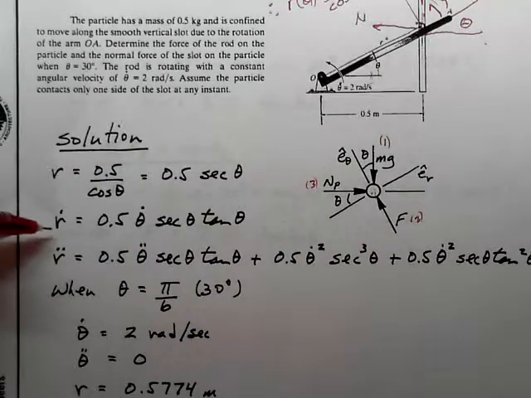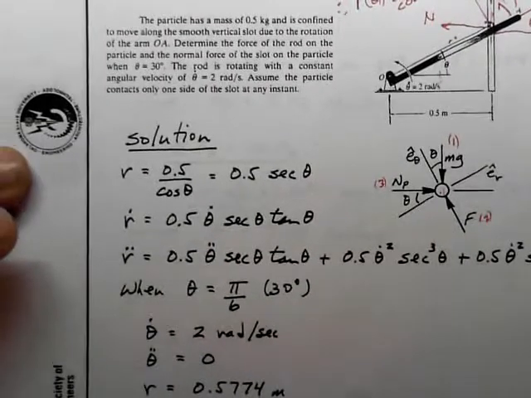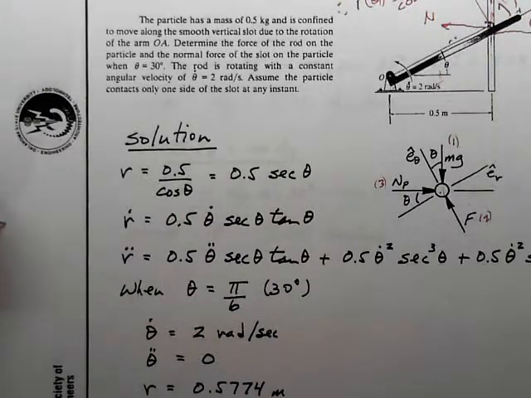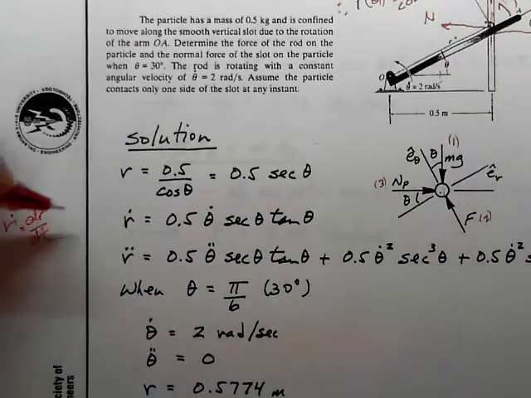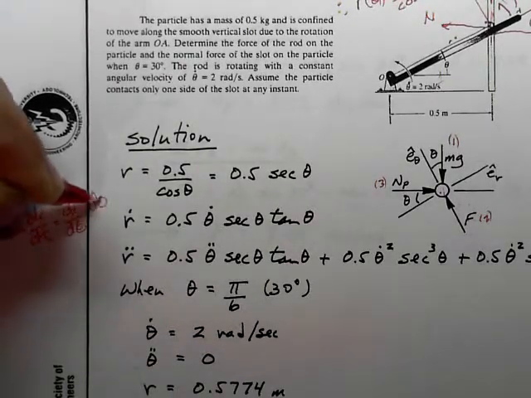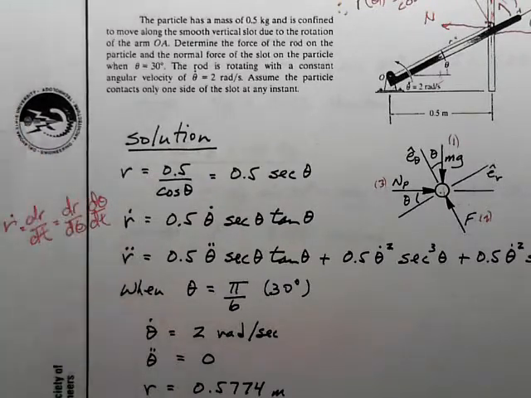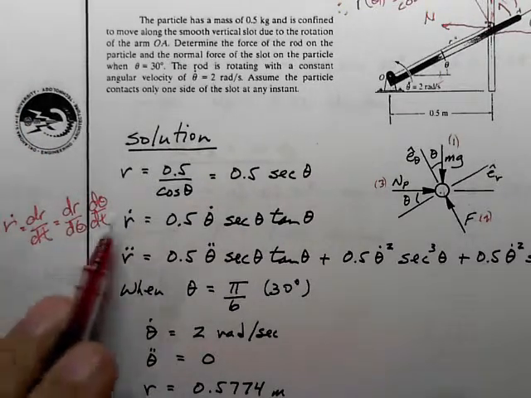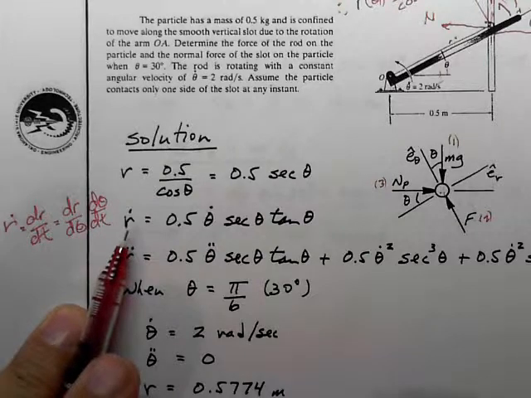Now, r dot, and let's back out on this a little bit, r dot equals dr dt, the derivative with respect to time. But that is equal to dr d theta times d theta dt. And so we're going to use this idea to get r dot.